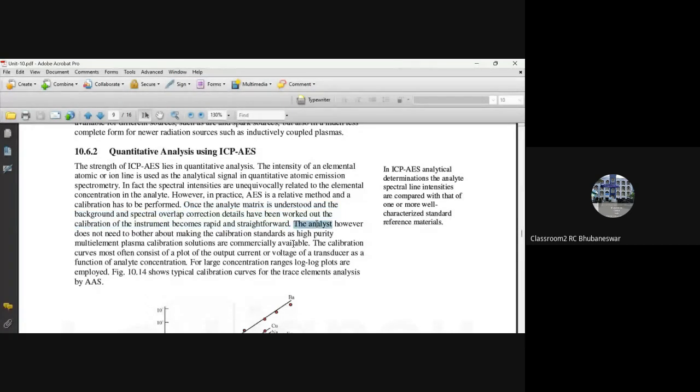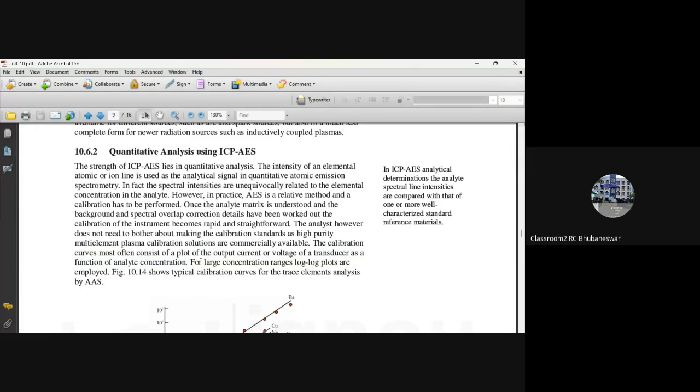The analyst, however, doesn't need to bother about making the calibration standards, as high purity multi-element plasma calibration solutions are commercially available. The calibration curves most often consist of a plot of output current or voltage of the transducer as a function of analyte concentration, or you can say intensity against analyte concentration.